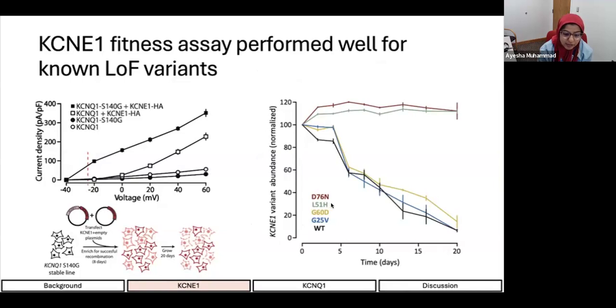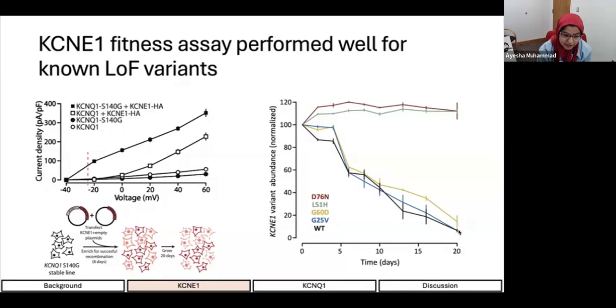Known loss of function variants, in this case L51H and D76N, do not show any change in their variant abundance over the course of 20 days, whereas variants that are wild type, represented in black, or gain of function do have an increase in abundance over the course of 20 days.